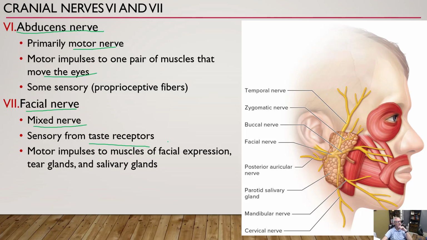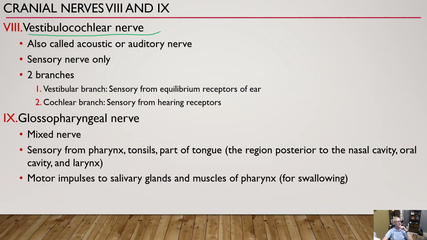A lot of your taste receptors and facial expressions. Cranial nerve number 8, vestibulocochlear nerve. It used to be called the acoustic nerve or auditory nerve. It's a sensory nerve only. Has 2 branches, the vestibular branch and the cochlear branch, hence the name vestibulocochlear nerve.